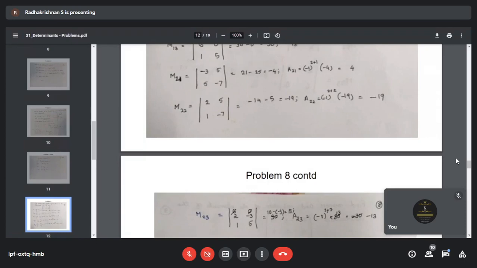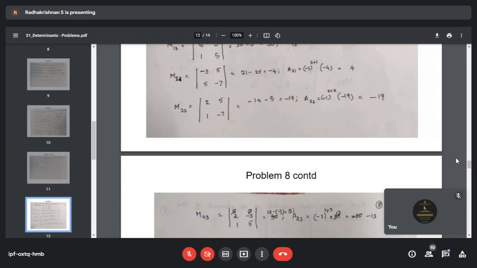Because the determinant is 2 minus 3, 1 5. So 10 minus -3 is 13. So cofactor is -1 to the power of 2 plus 3. So that is -1. So the sign will change. So it will become -13.